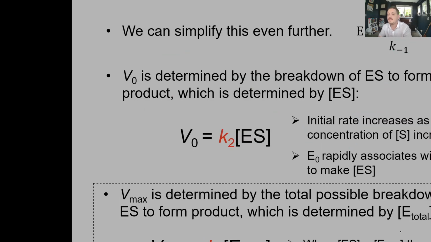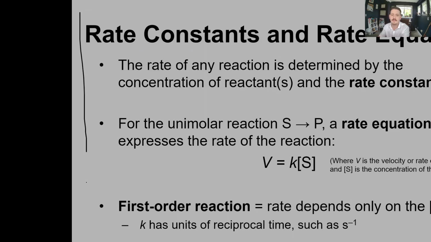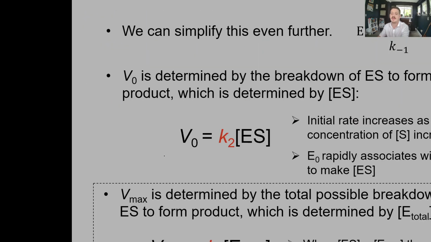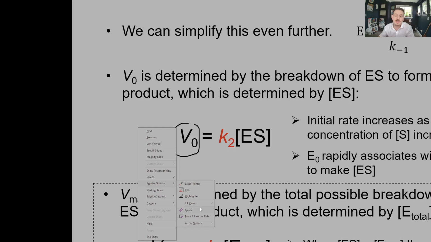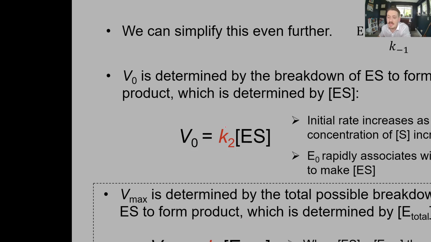So if we feed that into the reaction we had before, remember that a few slides ago, that I was talking about? Velocity is equal to K multiplied by the substrate. We feed that into this reaction here. The initial velocity, so the velocity at any one point in time, let's go back to red, is going to be equal to this part here.